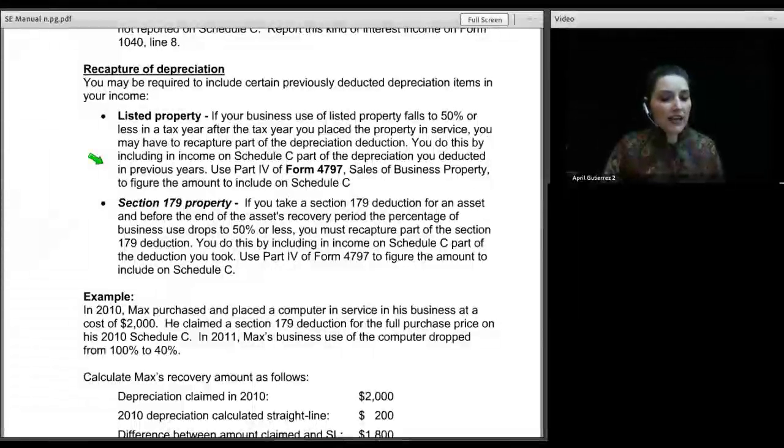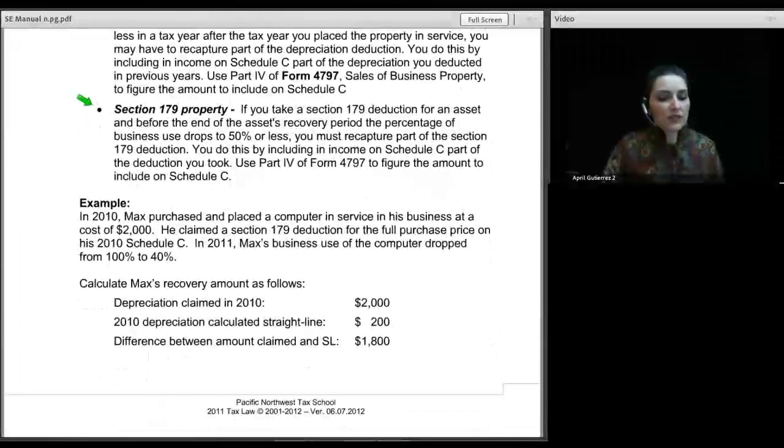But in the case of recapture of depreciation, because listed property business use fell to 50% or less, or because you claimed a Section 179 deduction on property and then took it out of service before the end of its useful life, in both of those cases, the recapture occurs on 4797 in Part 4, and then the income from that recapture carries to the Schedule C and gets entered on line 6.